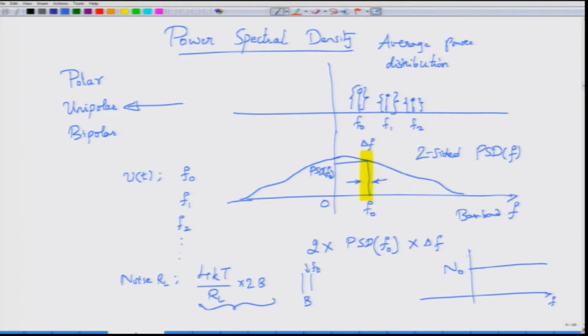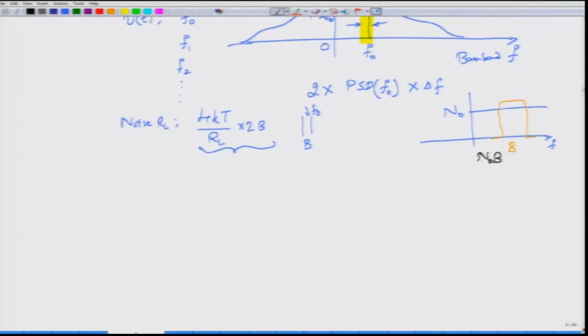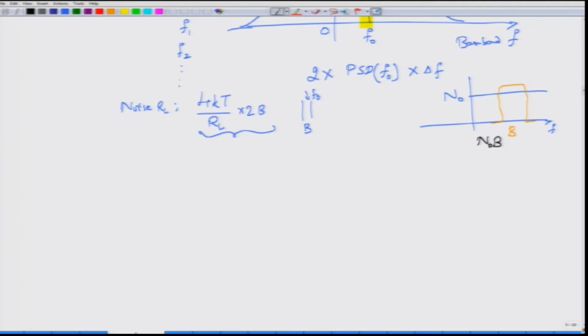Then if you consider a filter whose bandwidth is B, the total noise in this bandwidth is given by N0 into B. This is the power spectral density, and it is usually measured in volt square per hertz in the typical noise phenomenon, or you can measure it as watts per hertz, because N0B has to turn out to be in watts. So, this is the idea of power spectral density.